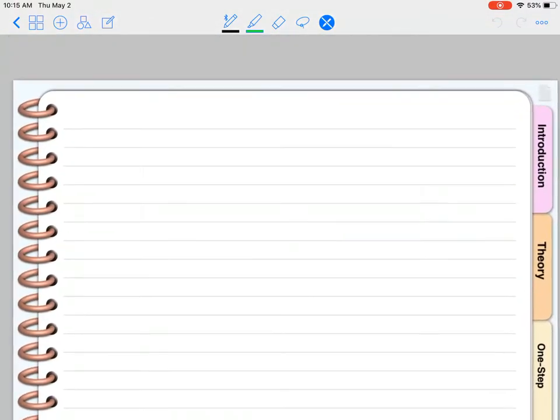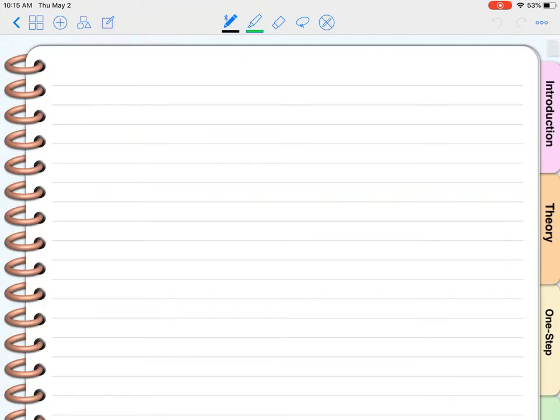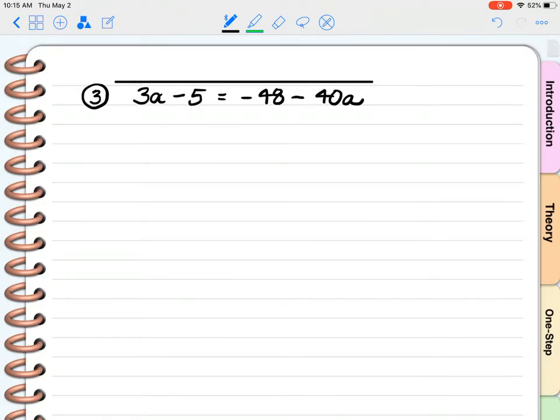Problem 3. I have 3a minus 5, negative 48 minus 40a, and I have 3a minus 40a. A positive is always bigger than a negative, so this is going to be the variable side.